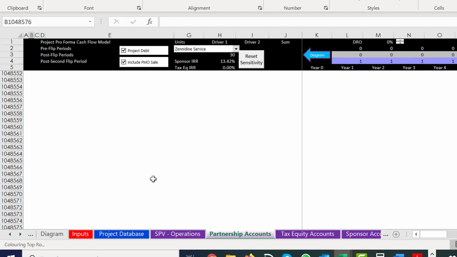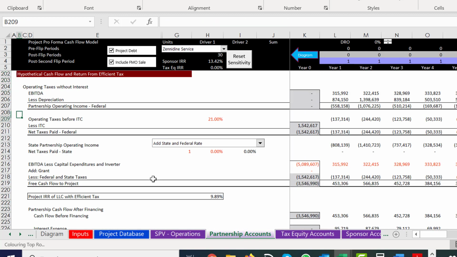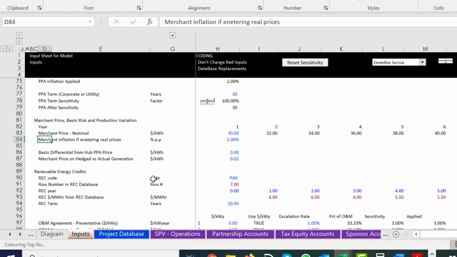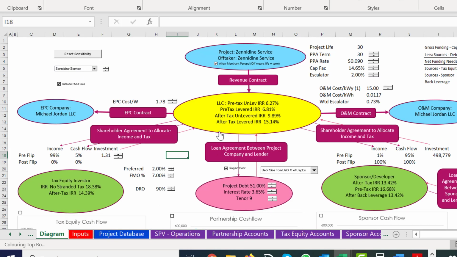And then we'll make our IRRs. We'll get an equity IRR and a project IRR for the company. And then we've got these IRRs up here. And we've got the pre-tax, and we'll get the after-tax unlevered IRR.